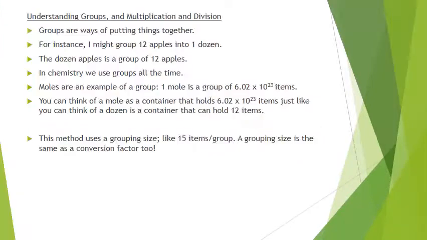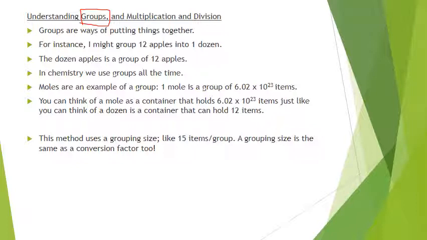I call this mole. Okay, so one of the things I want to go over is something we call groups. Groups are ways of putting things together. For instance, one might group 12 apples into a dozen. A dozen apples essentially is a group of 12 apples.